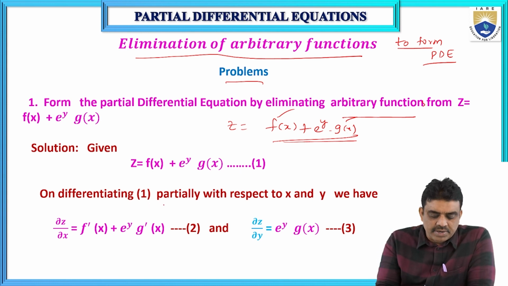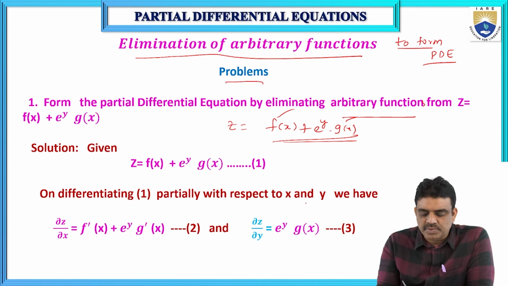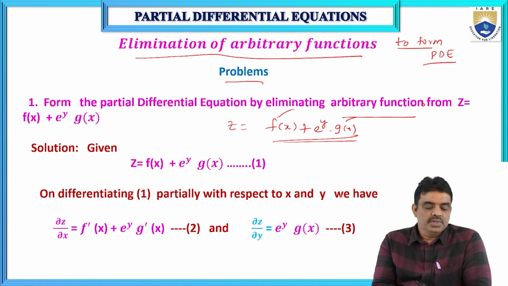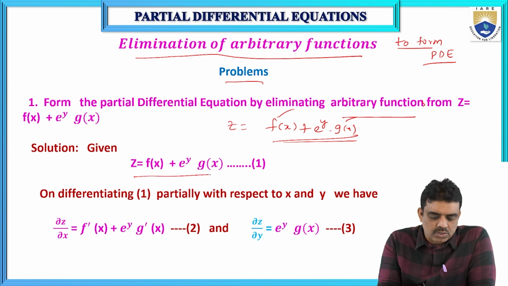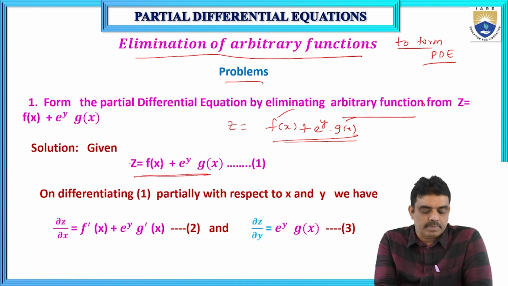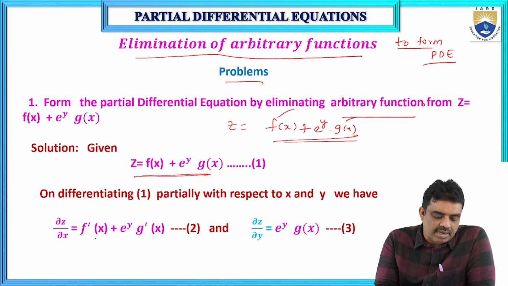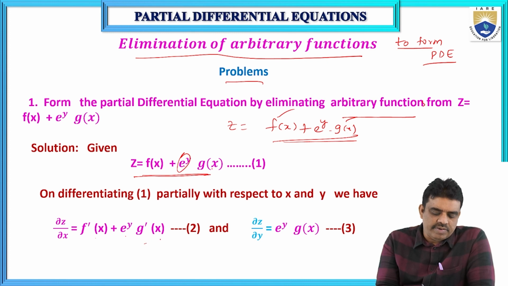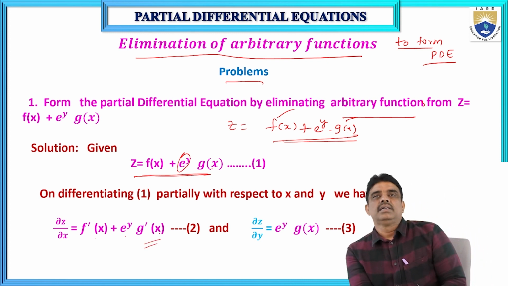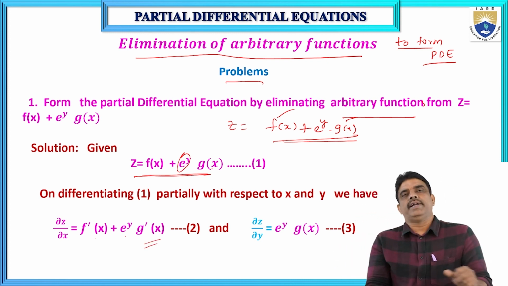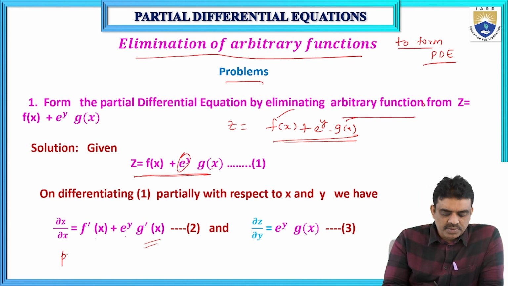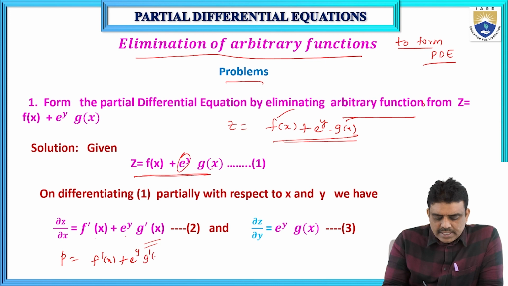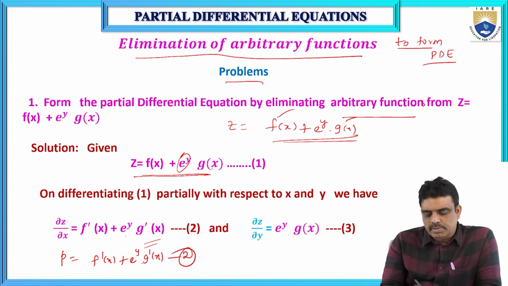Differentiating equation 1 partially with respect to x, dou z by dou x: f of x gives f dash x, plus e power y is a constant term because it is a function of y, and g of x gives g dash x. Dou z by dou x, that is p, is equal to f dash x plus e power y into g dash x. This is called equation number 2.